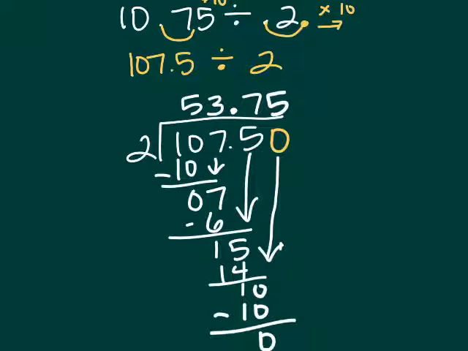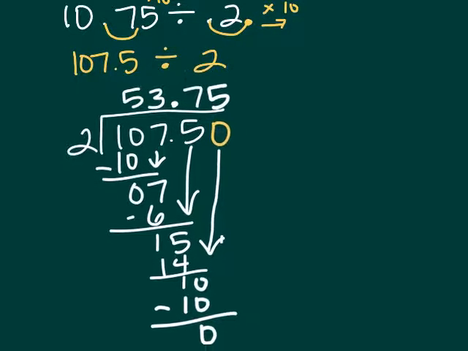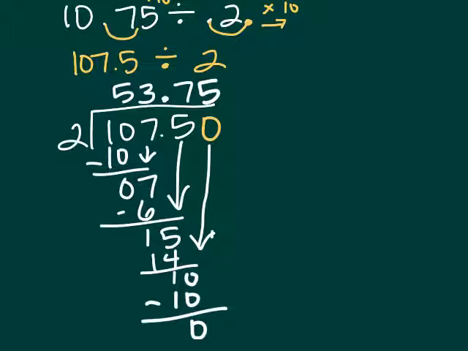And of course you can check your work. Remember, anything in math you can check your work by doing the opposite. So if 107.5 divided by 2 gave us 53.75, then 53.75 times 2 should give us the 107.5. So let's multiply that out really quick because we can and we should.